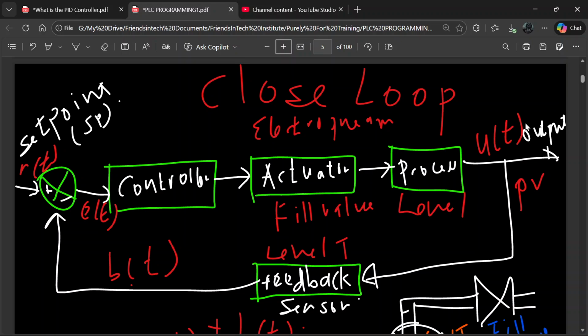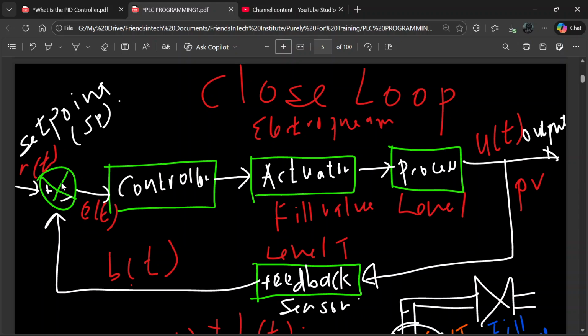Then you have the output. The output here is what we are measuring. That is the process variable. If you are doing level control, then level becomes your process variable. If you are doing temperature control, temperature becomes your process variable. If you are doing flow control, then flow becomes your process variable. We are measuring this using a feedback sensor, or what's called a level transmitter. This level transmitter sends the signal back to the error detector.